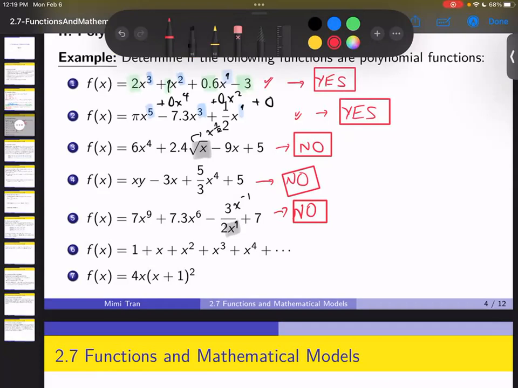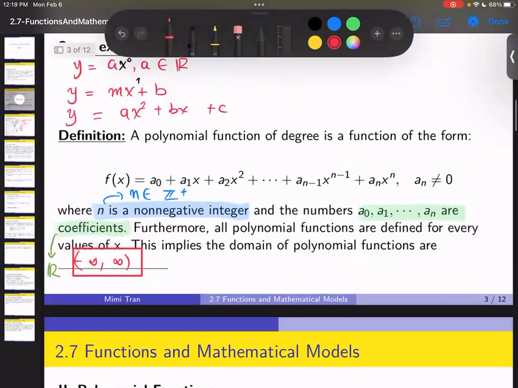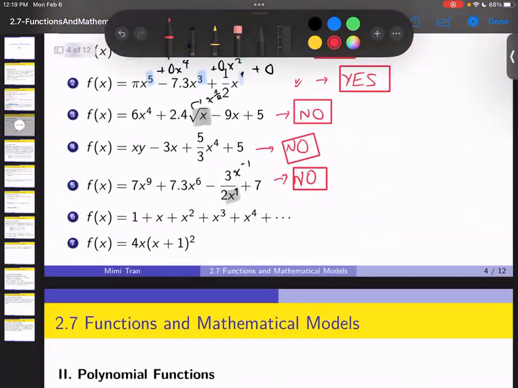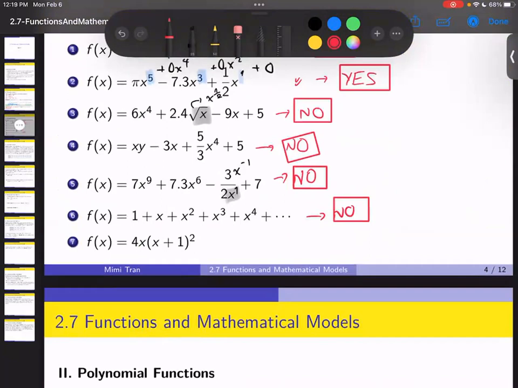A polynomial is finite. Remember the definition? It stops at n terms. Here you have infinitely many terms. That's called a series. The last one, yes, right? If you expand that out, distribute them.